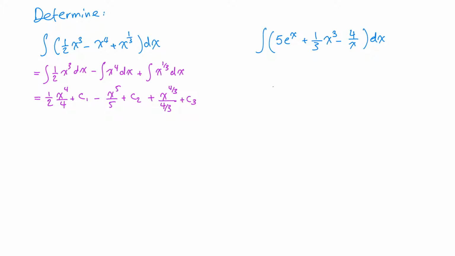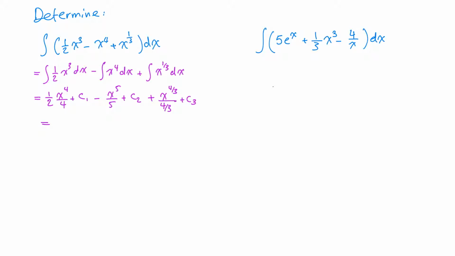And when I add all these constants, I will just get one value, so one constant at the end. So instead of writing c1, c2, and c3, I'm just going to write c, and I will simplify things a little bit as well to clean things up.